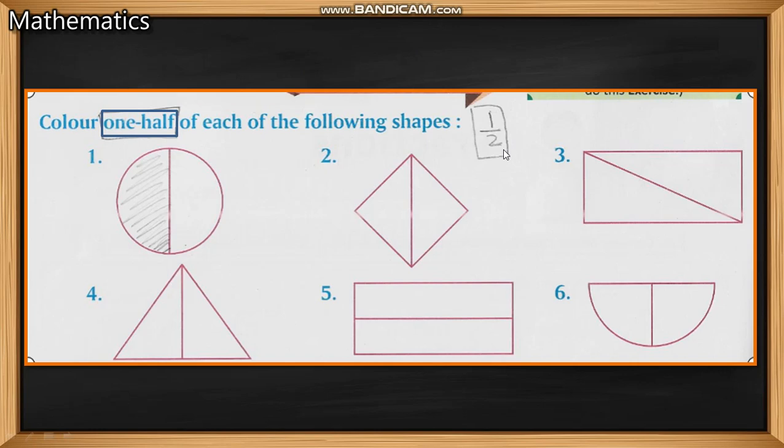You may write it like this, 1/2. That I already explained. 2 equal parts, shade 1 part. Here in the first figure, how many equal parts are there? 2 equal parts. Then how many parts do we want to shade? 1 part. The above number, that 1 part we want to shade. I am shading.